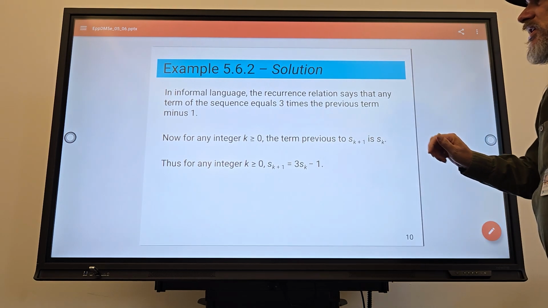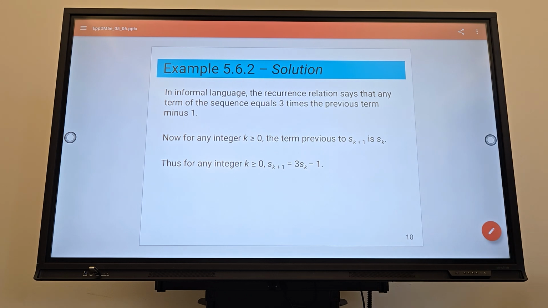Well, in informal language, the recurrence relation says that any term of the sequence equals 3 times the previous term minus 1. Now, for any integer k greater than or equal to 0, the term previous to s sub k plus 1 is s sub k.